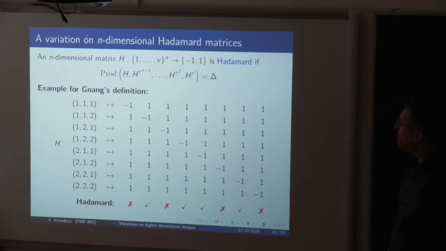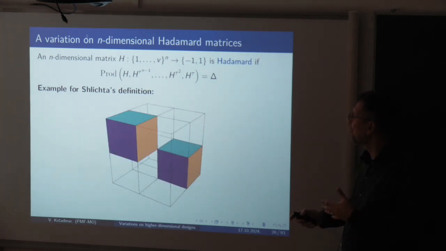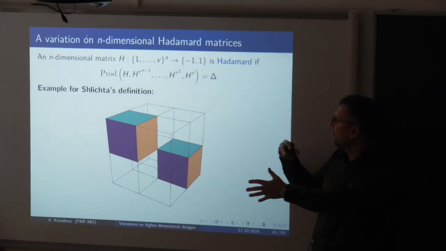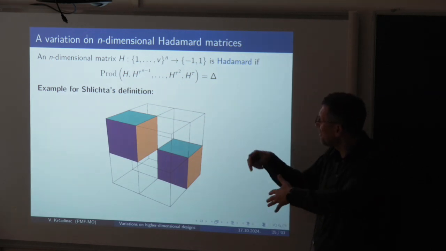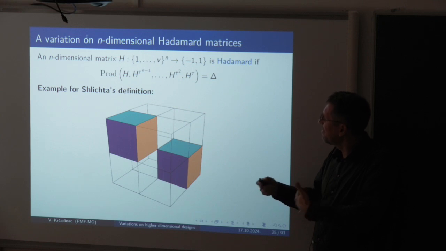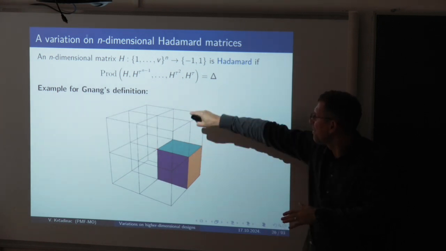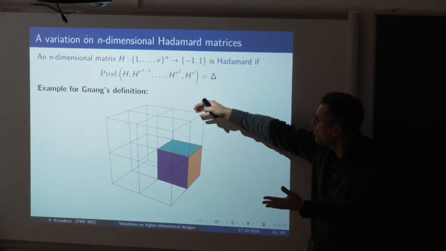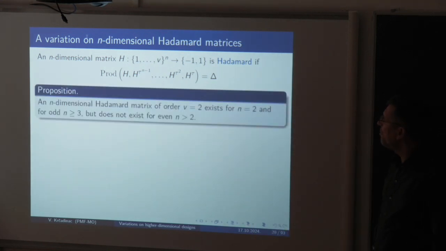This is what I really don't like about the definition, because it's not invariant under symmetries of the cube. You can rotate it and take symmetries in all ways possible, and the cube is invariant, but this is not. You can take this -1, transfer it to another place, and it's not going to be Hadamard anymore. But the good thing is there are a lot of unknown questions.